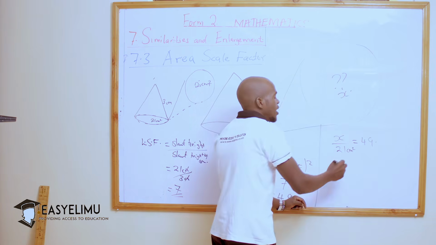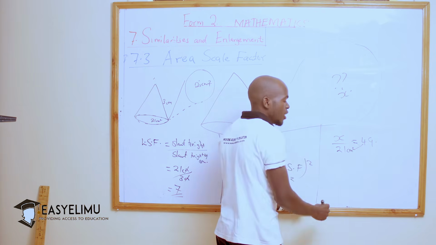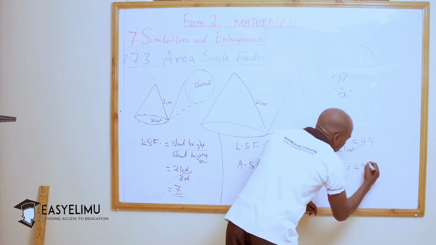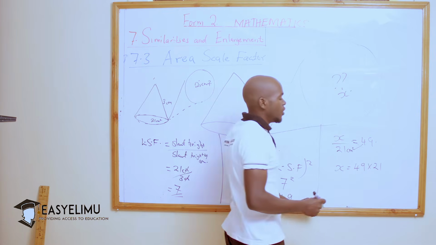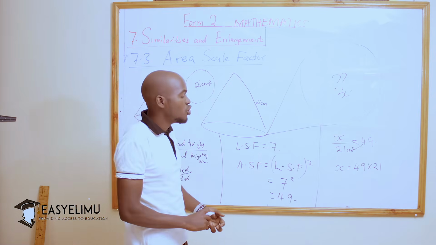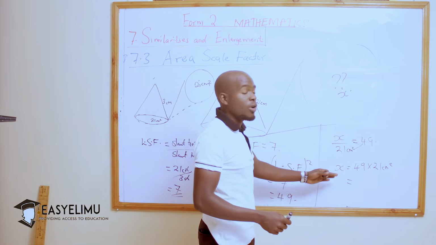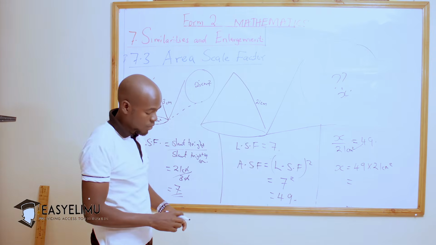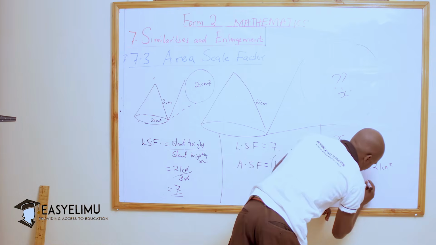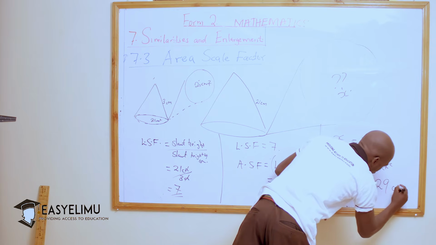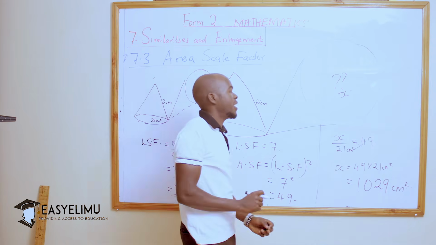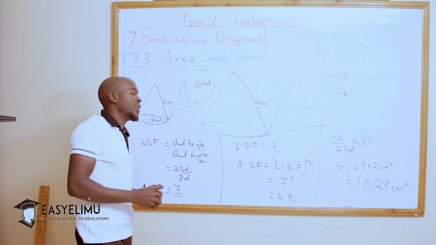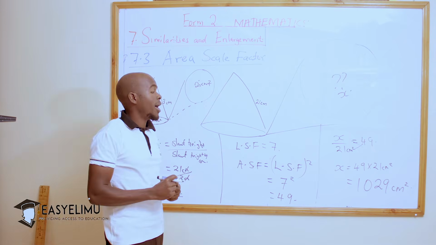So that implies you can work out cross multiplication, and you will find that your x is going to be 49 multiplied by 21. And let's see, what do you find? If you calculate this using long division, you are going to get 1029 square centimeters. So the area of the base of that larger cone is 1029 square centimeters.